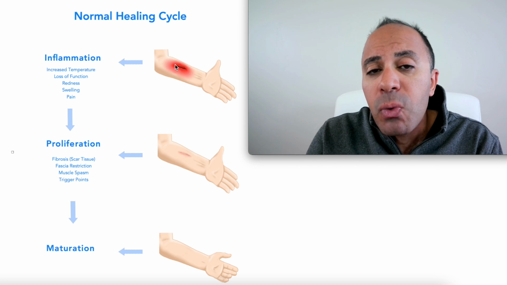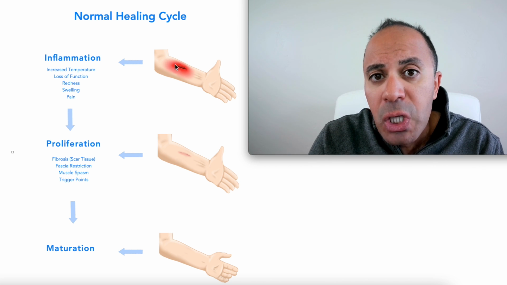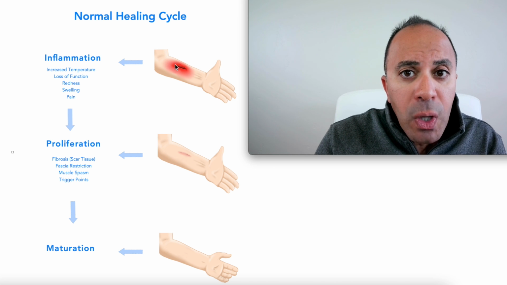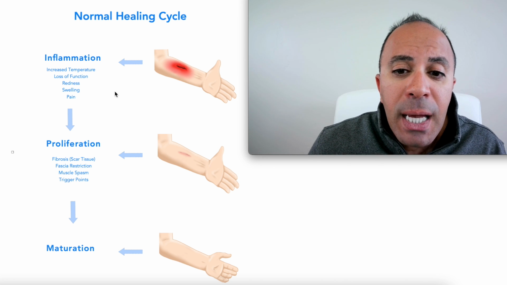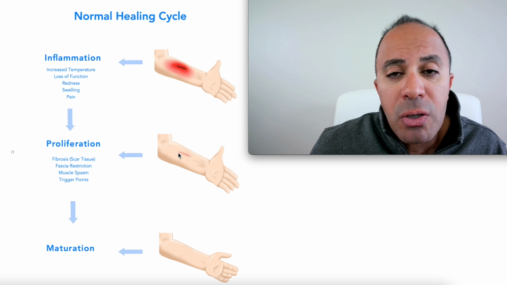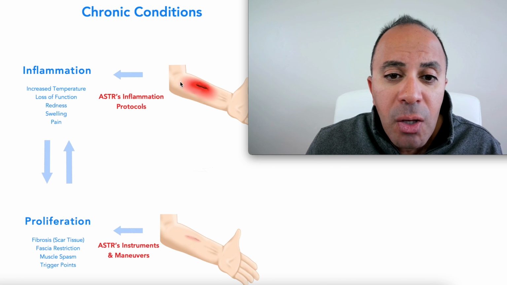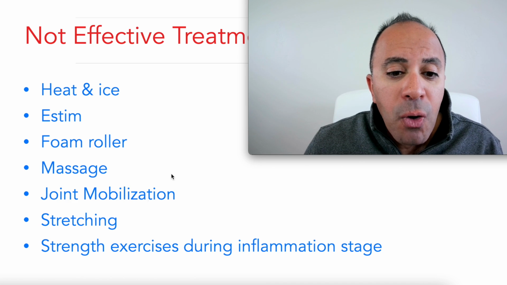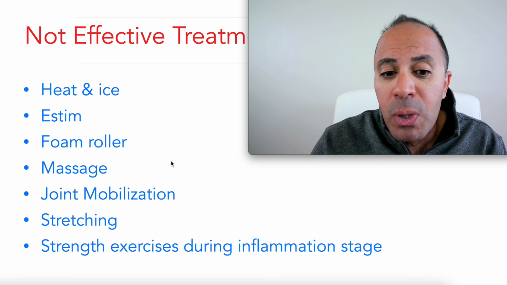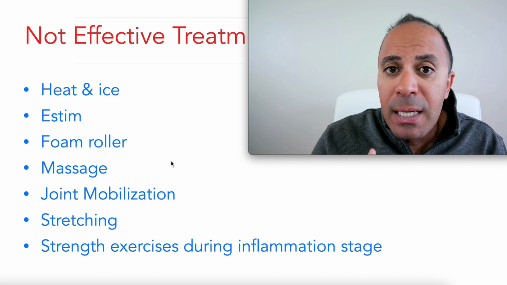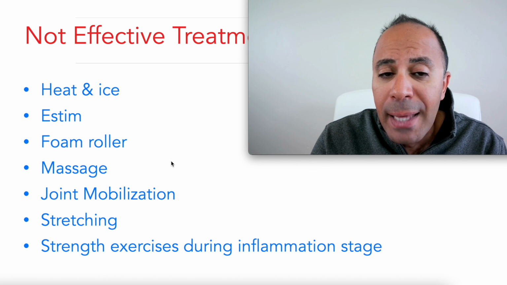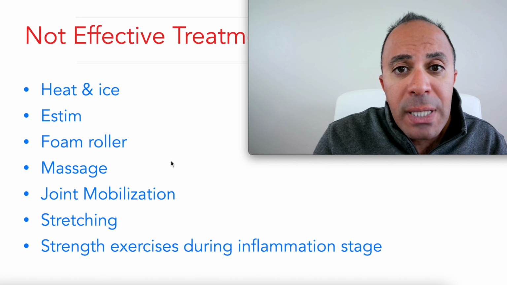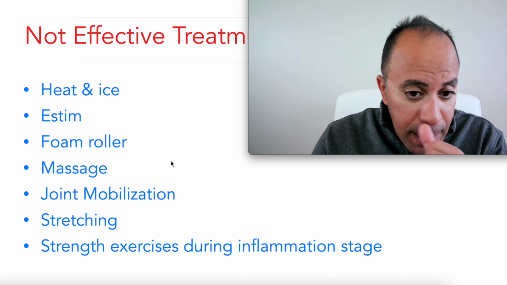If you rub it with the foam roller or with massage, you're going to inflame it more, and when you inflame it more, you're going to build more scar tissue, and that causes the vicious cycle of inflammation and proliferation. The foam roller and the massage do not release the muscle tightness.